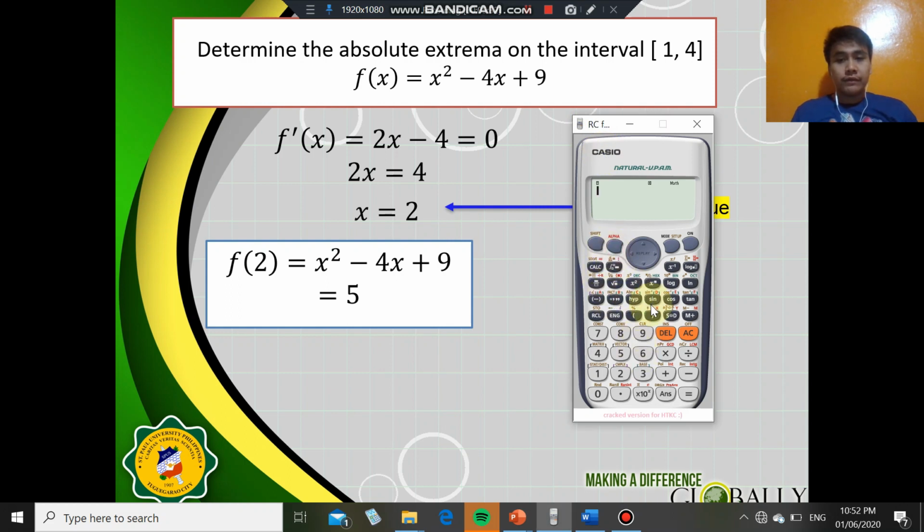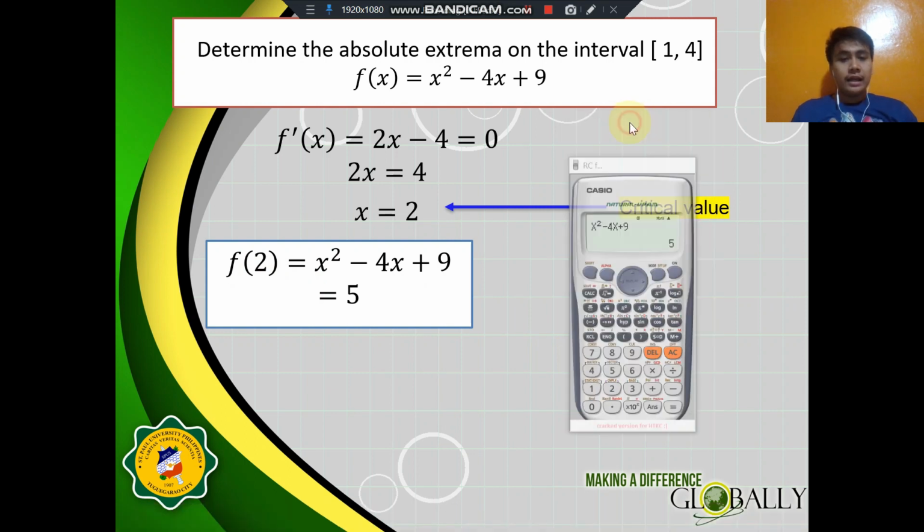We have shift calc, x squared minus 4x plus 9, then just input 2 since the value of x is 2. Then we have 5. So that's very easy.